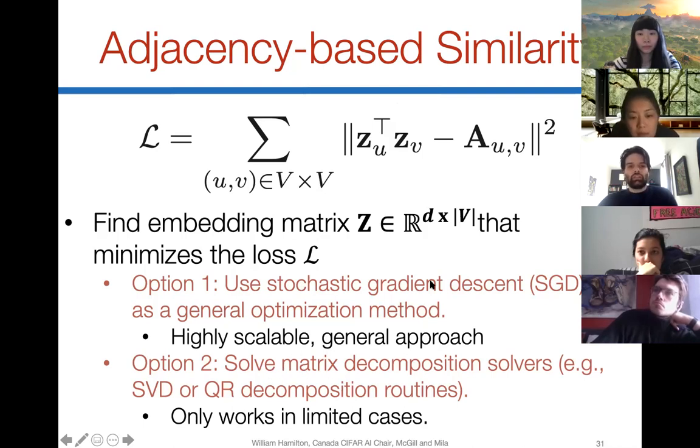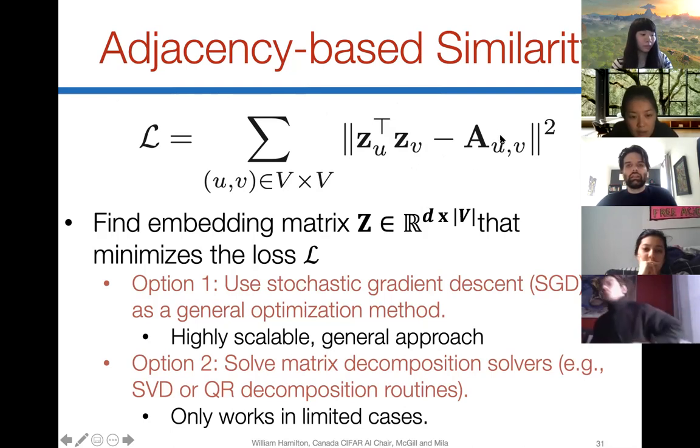Another thing that we can do, specifically for this adjacency-based similarity, is that I did mention earlier that you can think of these node embeddings as corresponding to something like the principal components or the eigenvectors. And in fact, for this particular formulation, if we're looking at d-dimensional node embeddings, the node embeddings that we're learning can be determined by getting the top d eigenvectors of the adjacency matrix A. They're actually what's called the singular vectors because we're working with not necessarily a square matrix, but the basic idea is the same.